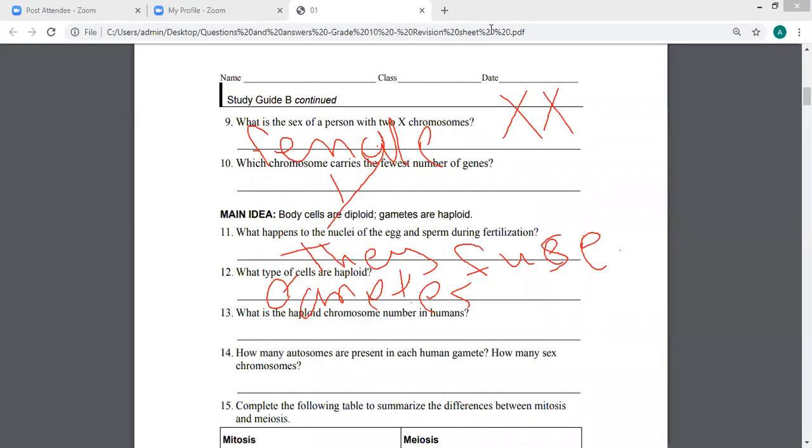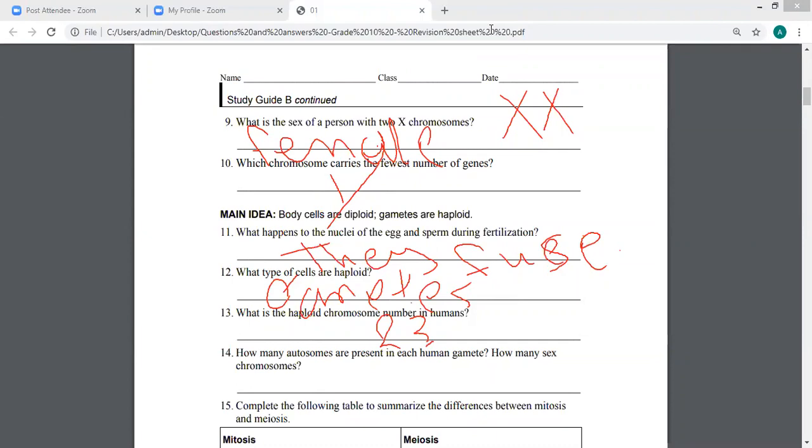What is the haploid chromosome number in humans? 23. Good, Muhammad as well. 23.